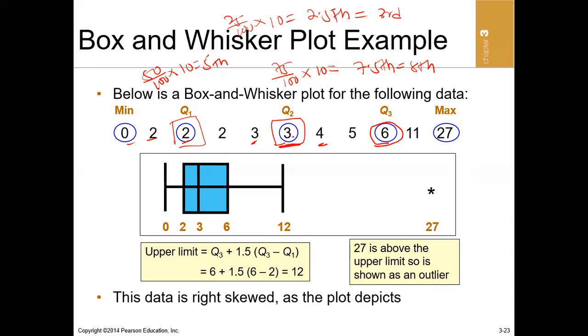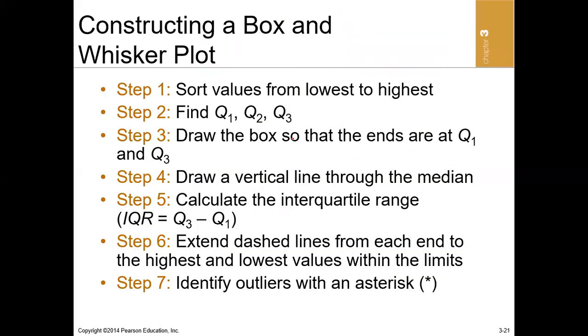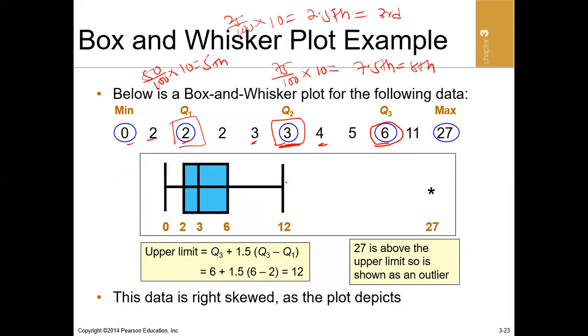Now, what I want you to notice is that the first step in drawing the box and whisker is to find Q1, Q2, and Q3. The next step is to draw the box so that the ends are at Q1 and Q3. So on a graph with an X axis, the end of this box should be at the first quartile, which is 2.